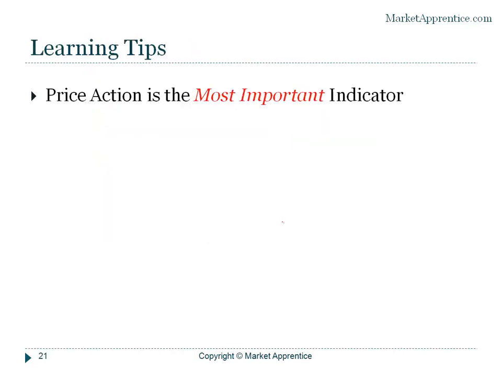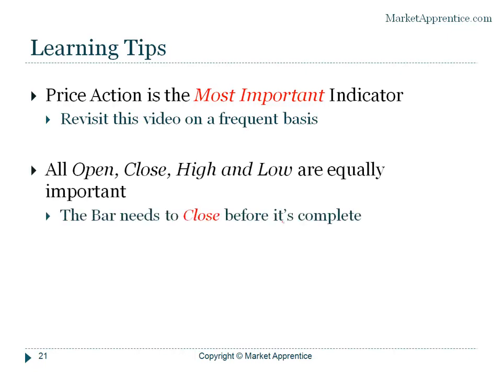Learning tips. Now, as you can see, we've started to dwell into how price reacted in different situations. You would then come to realize that price action is the most important indicator. So please spend time understanding price action, and if you need to, revisit this video as often as you can. Next, all open, close, high and low values are equally important.